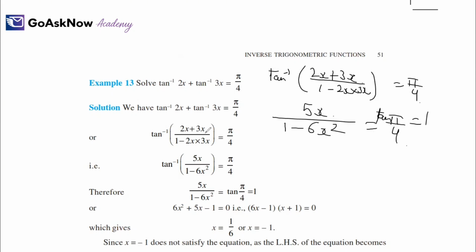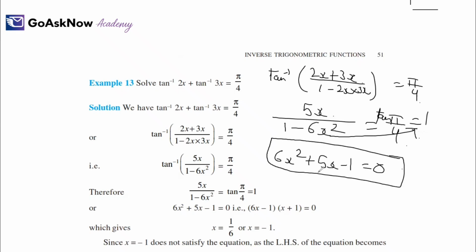Now cross multiply, and you get 6x square plus 5x minus 1 is equal to 0. You have taken it to the right hand side, then taken all the terms to the left hand side, so it comes like this.